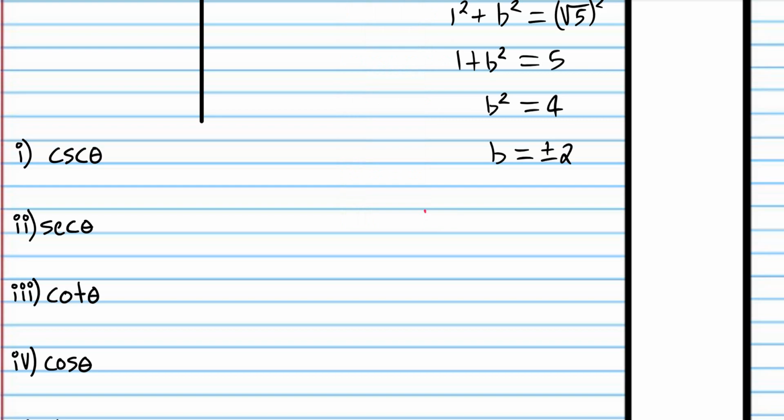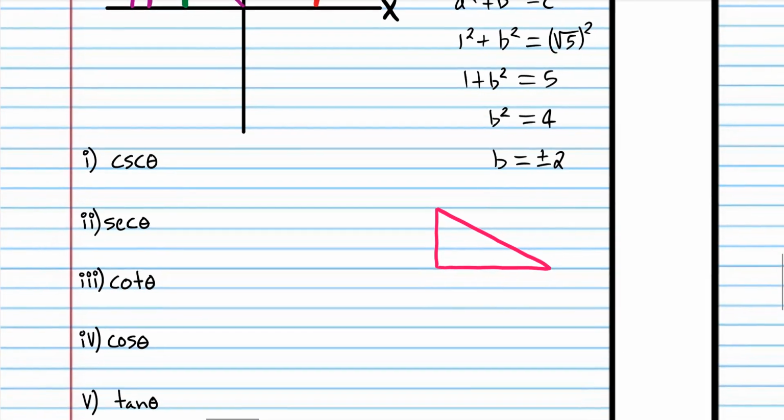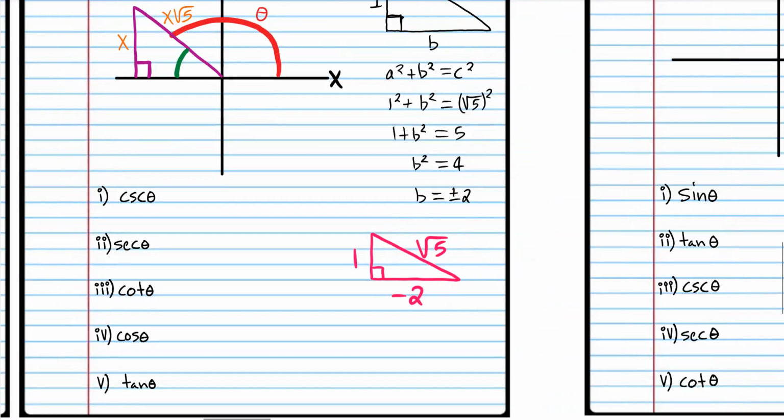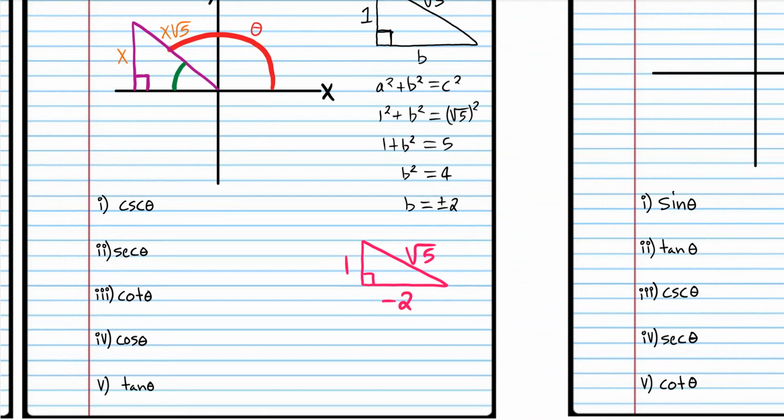And I'm going to choose a different color. And this side is going to be -2. This side is going to be 1, and this side is √5. And the actual angle that we're talking about, theta, is whatever this angle is here.